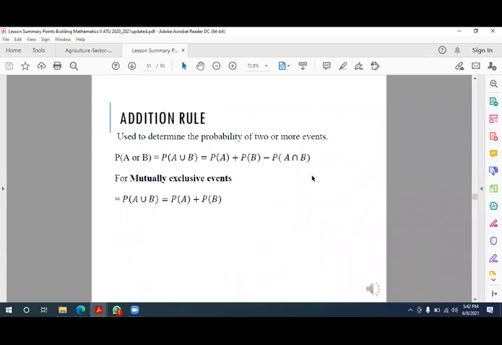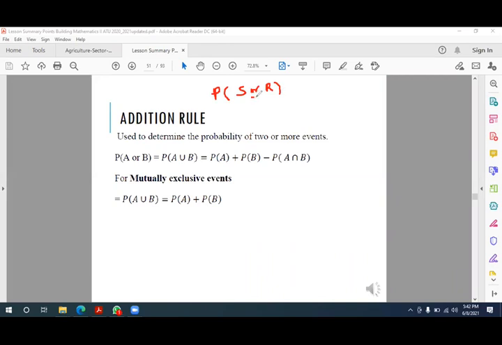Then the next rule for multiple events is the addition rule. So when we talk about the addition rule, let me just cite an example. Find the probability of observing a sunny or a rainy day.